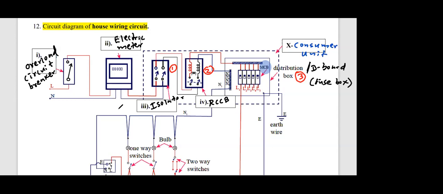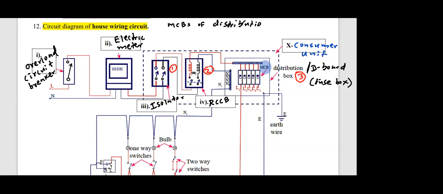So you can write MCB. Please write, if you have space here, MCBs of the D board or distribution box distribute electricity to the branch circuits. MCBs of the distribution box.